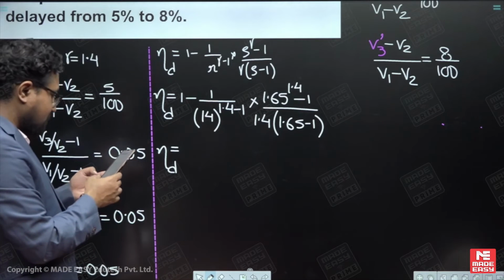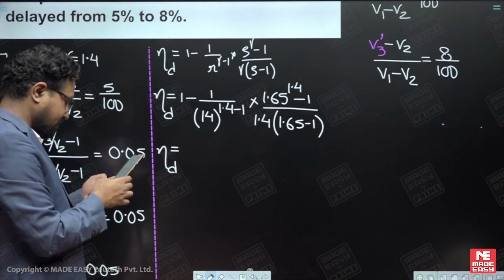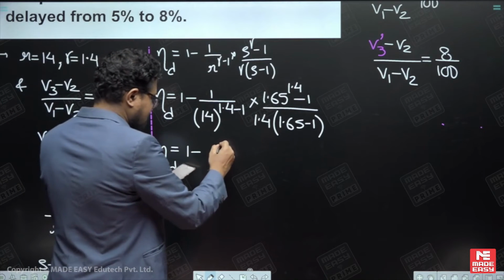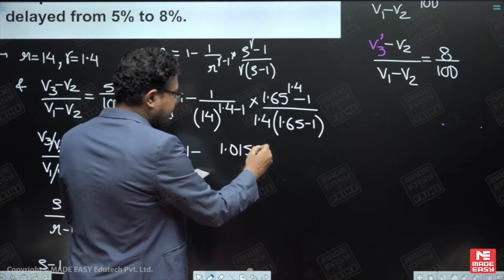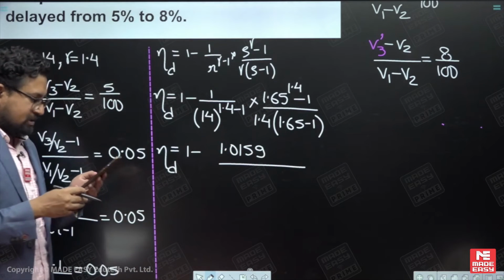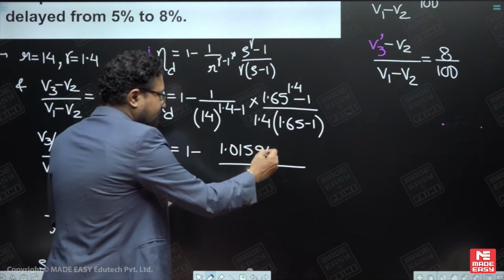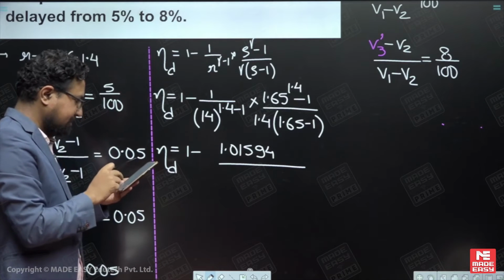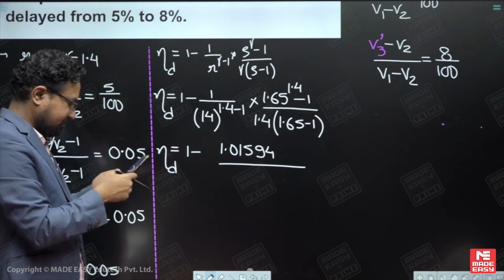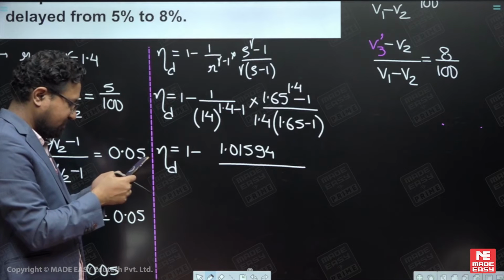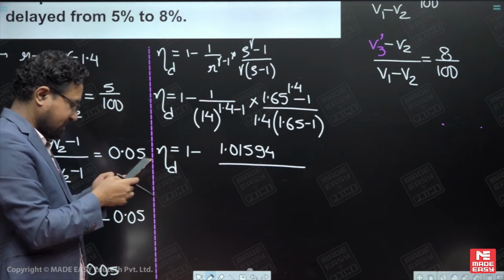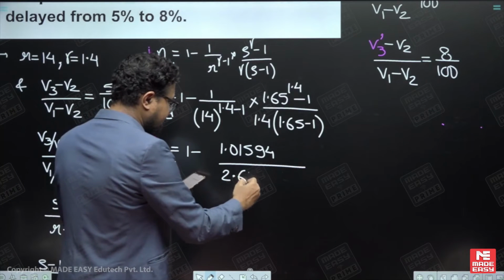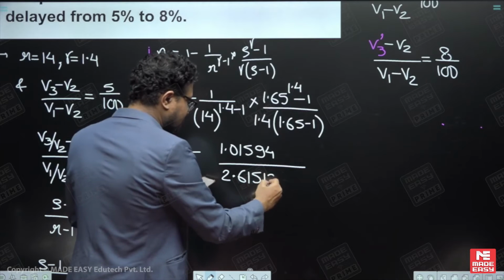This is coming out to be 1.65 to the power 1.4 minus 1, which is 1.01594, divided by 14 to the power 0.4, which is 2.61512, into 1.4 into 0.65.